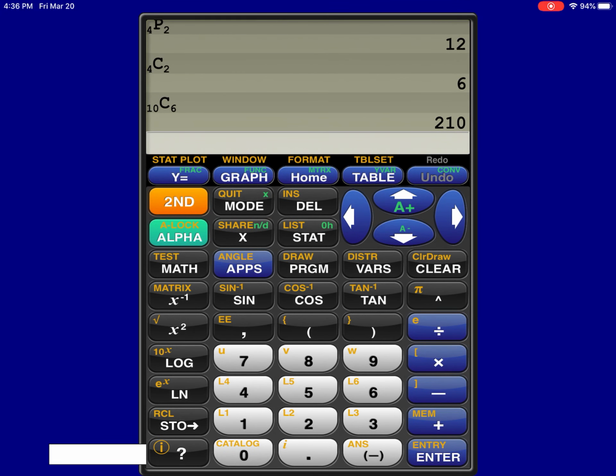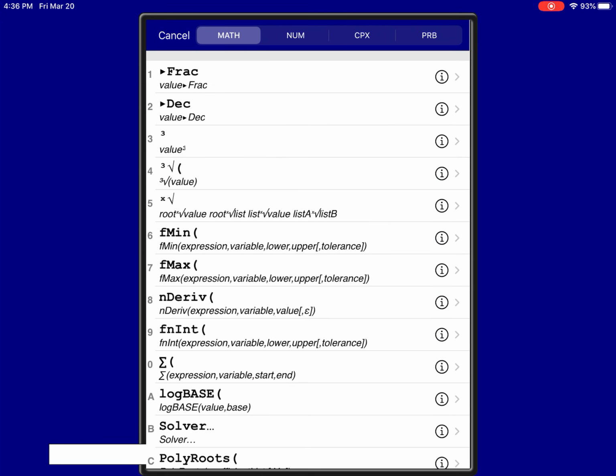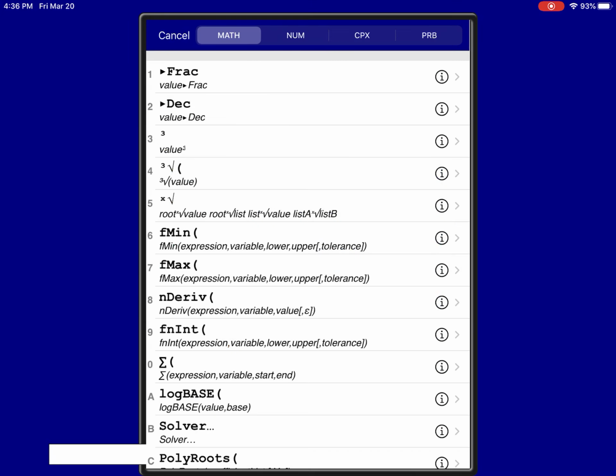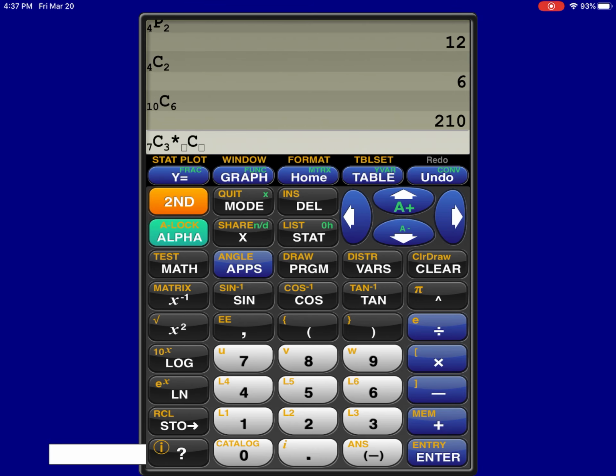So it was probability, combination 7, pick 3, right? Times another combination of 5, pick 2.